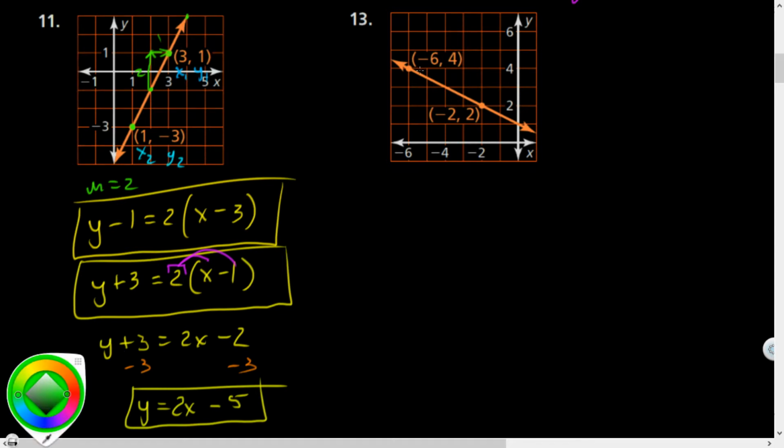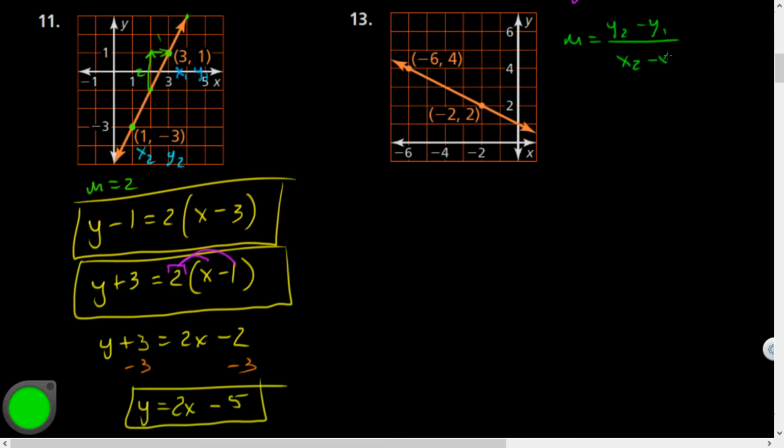For this one, let's find the slope using the slope formula, y2 minus y1 over x2 minus x1. So if I want the slope formula here, I just label my points either which way. I guess I call this x1, y1, x2, y2. Doesn't matter which way you do it, as long as you commit once you do.